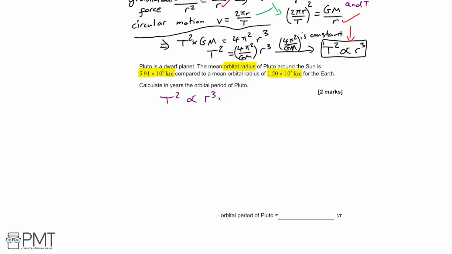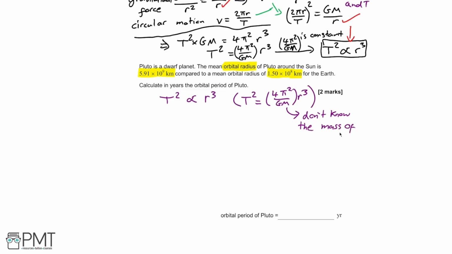Now, the reason that we want to use this is because at the moment, if we were to just consider Pluto on its own, then we would have to use the equation T squared is equal to 4π squared divided by GM multiplied by r cubed. So this is a problem because we don't know the mass of the Sun.